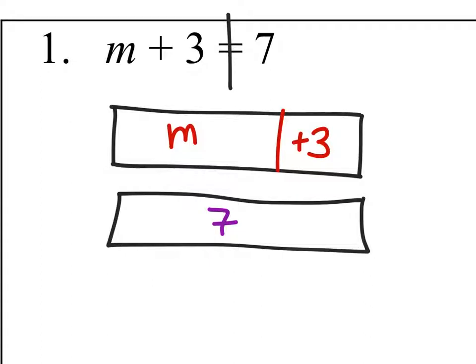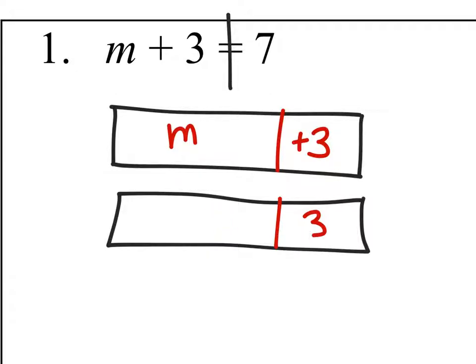Now if I want m, see how I've got these 3 right here with the m plus 3? Well, if I chop off 3 from the 7, see, now I have a bar that also represents the m. So if this is 3, then to make this full bar 7, let's get rid of that 7 first.